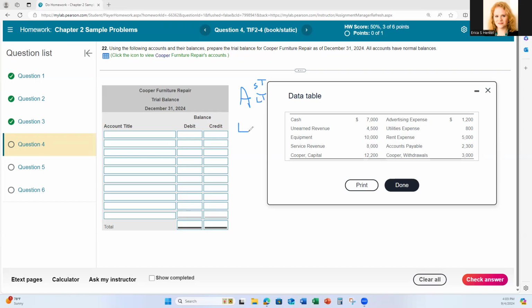And we're going to have our liabilities, short-term and long-term. And then we're going to have our equity accounts. So capital, withdrawal, retained earnings. And then below that we're going to have our revenues and expenses. So that's the general order we're going in here.